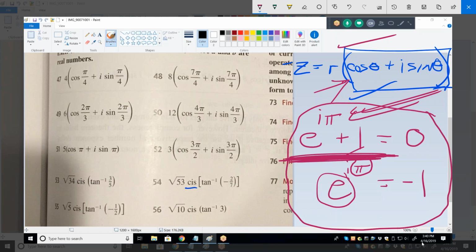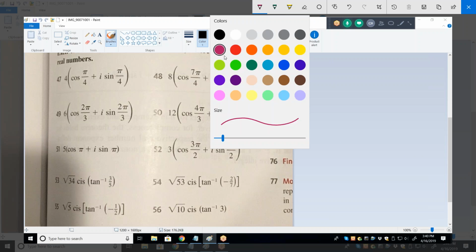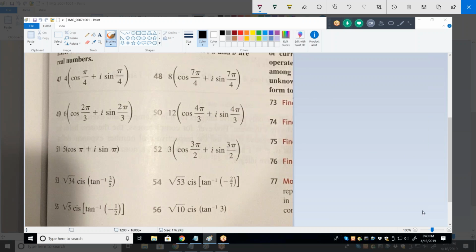So let's get back to these problems. This is interesting, but we're not doing these problems. So, number 47. These are basically pretty easy. What is the cosine of pi over 4? That is root 2 over 2.